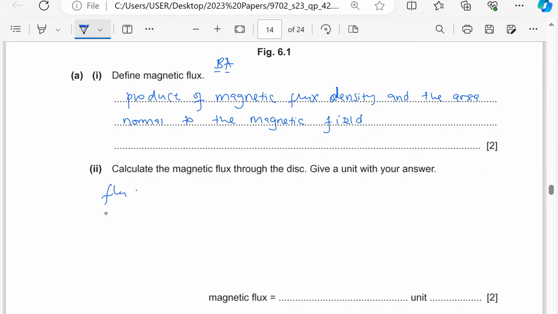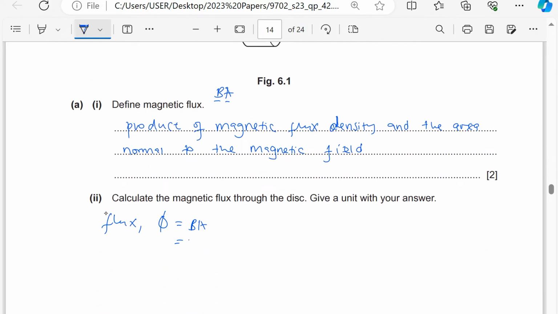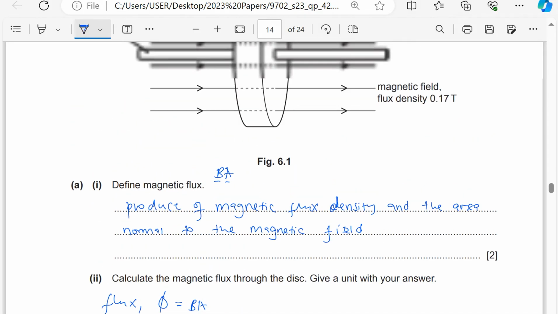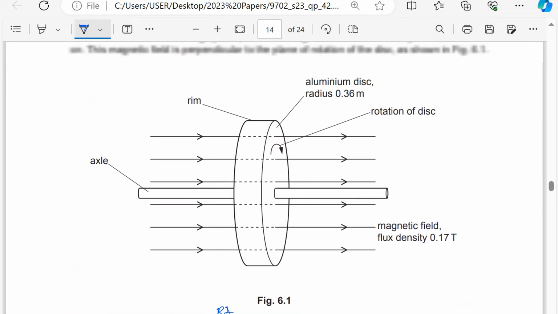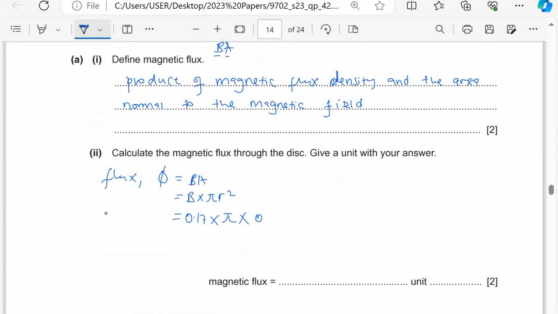So flux, which is normally written as phi, is B times A. Since the disk has a circular cross-sectional area, I'll say B times pi r squared. B has been given as 0.17 Teslas, times pi, the radius is 0.36, and this is squared.